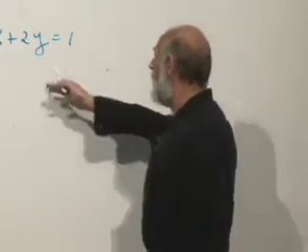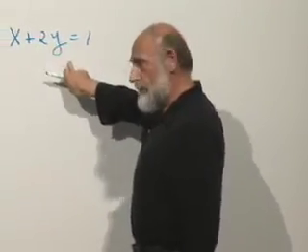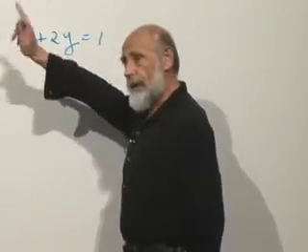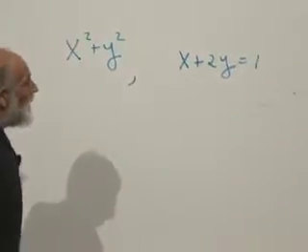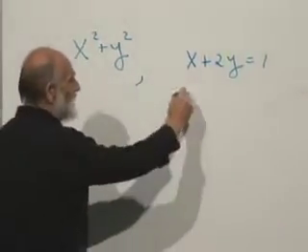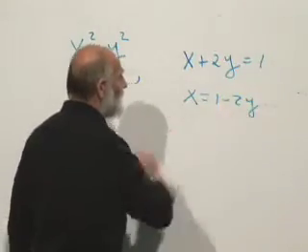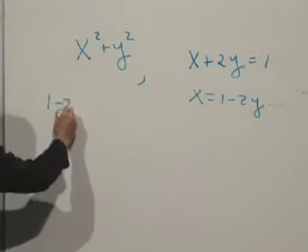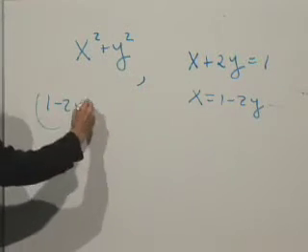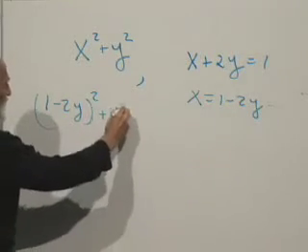Well, one way would just be to eliminate one of the variables, plug it into here, and then minimize the remaining function. For example, we could solve for x and find that x is equal to 1 minus 2y, and then plug it in, and we would have (1 minus 2y) squared, that's x squared, plus y squared.